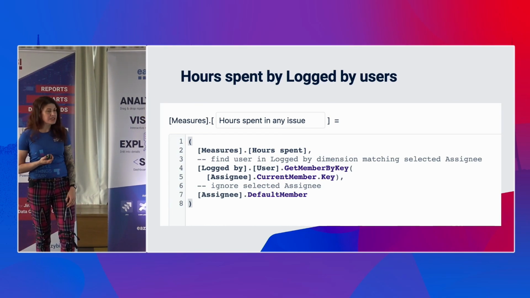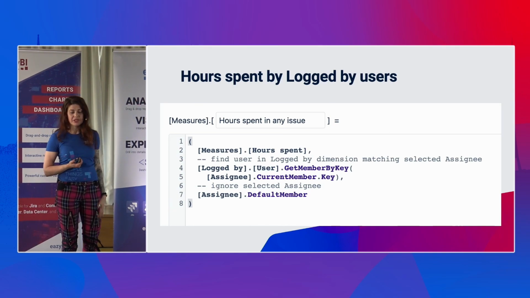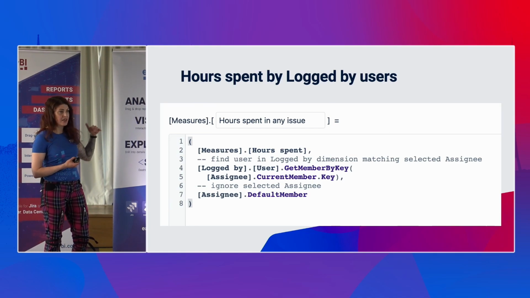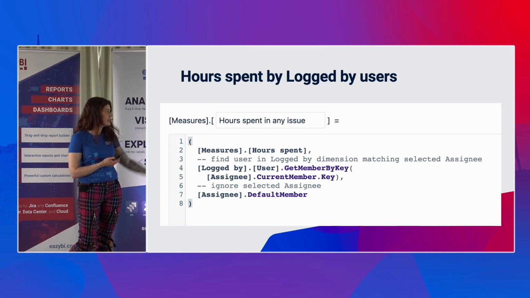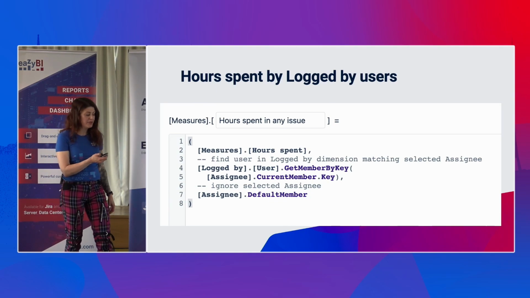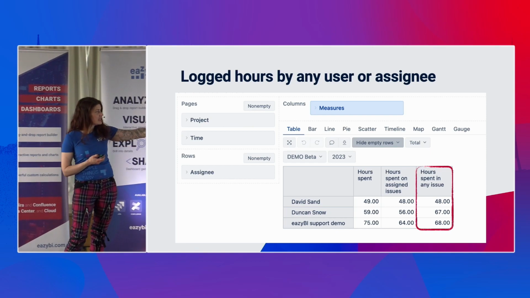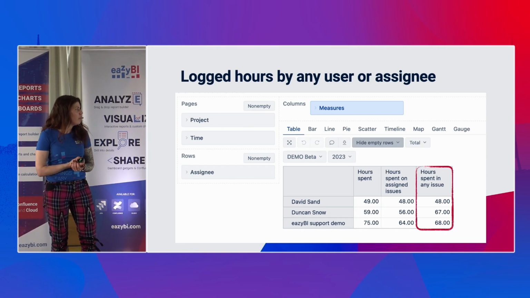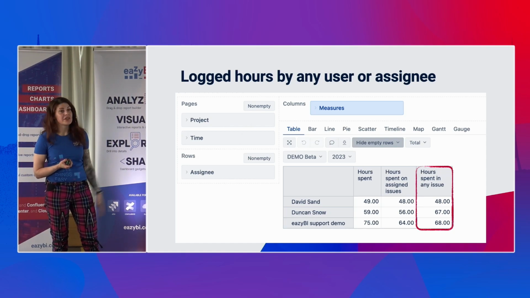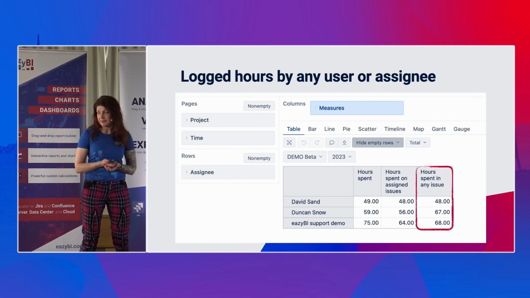And the 7th line says, if we find this person in logged by dimension, we can ignore the currently selected assignee. Its job is done. In other words, we are replacing assignee with logged by. And this is how we calculated the last column to see how many hours are spent on any issue by the users mentioned on report rows. It allows us to compare different data.